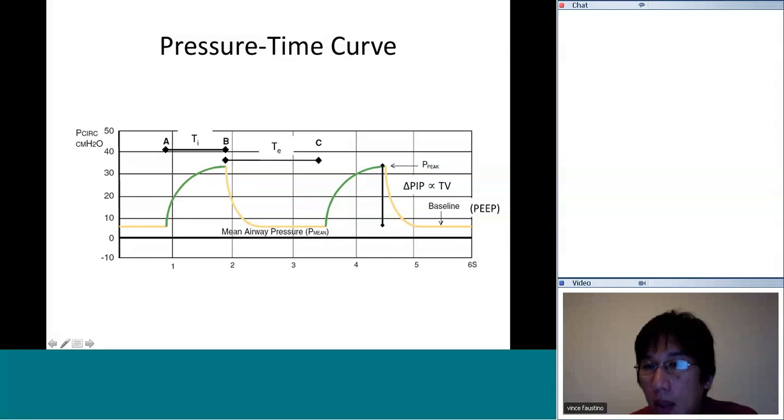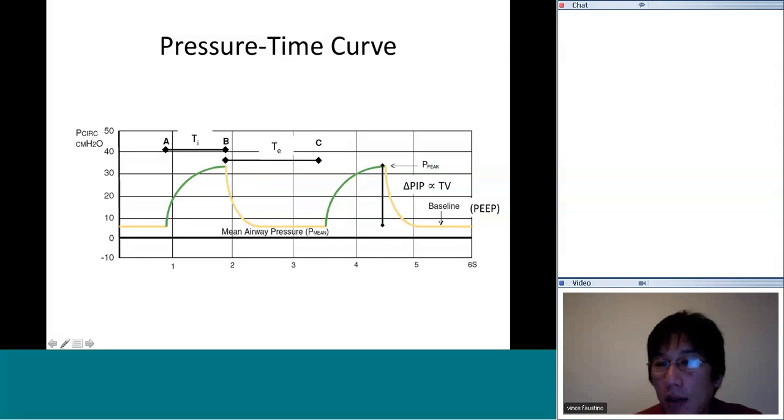The other important aspect that I want to point out in this slide is the delta, or the difference between the peak pressure and the PEEP, which is directly related to your tidal volume. So if your ventilator is set in pressure control, then you cannot set your tidal volume. So what you need to deal with is your peak pressure and your PEEP.